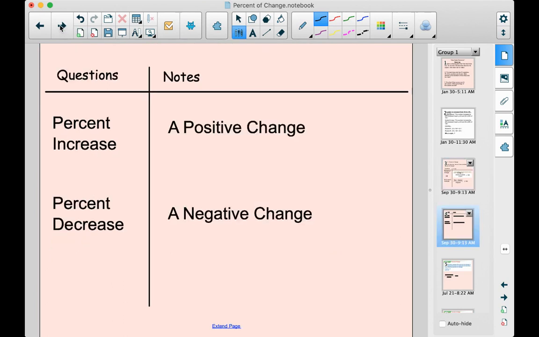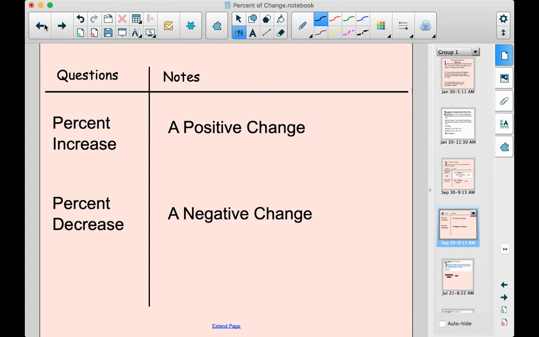Now, you might be thinking, well, if the original is bigger than the new price, because the price went down, you'd get a negative number. When you're dealing with percent change, your answer is never going to be negative. You're not going to say it's a negative percent because a negative percent doesn't really make sense.